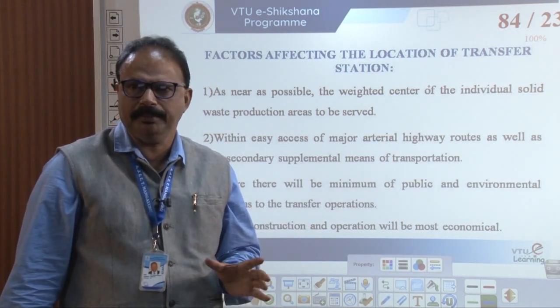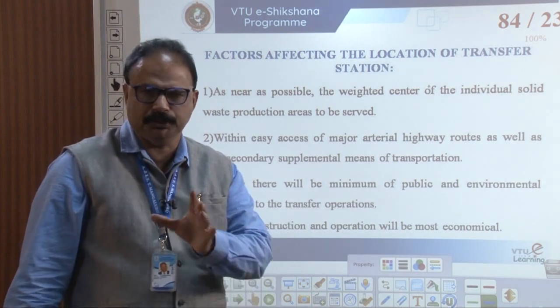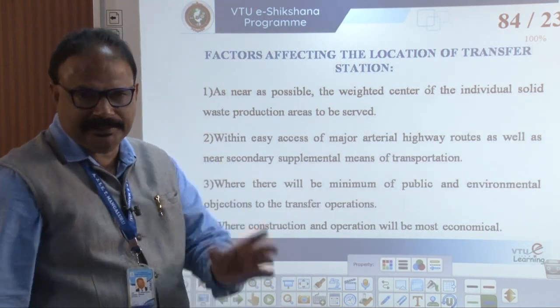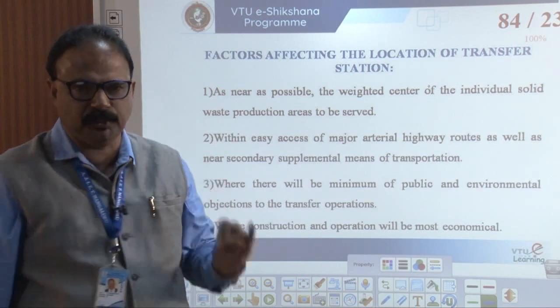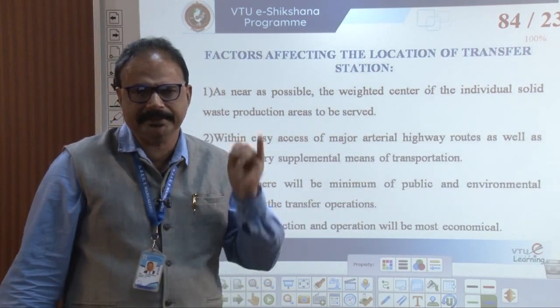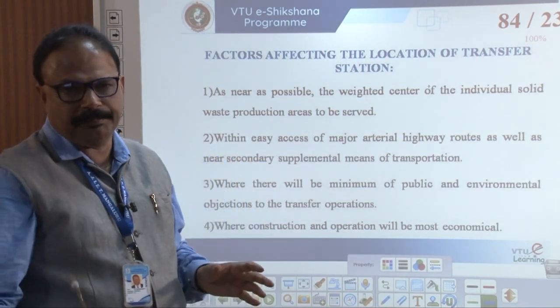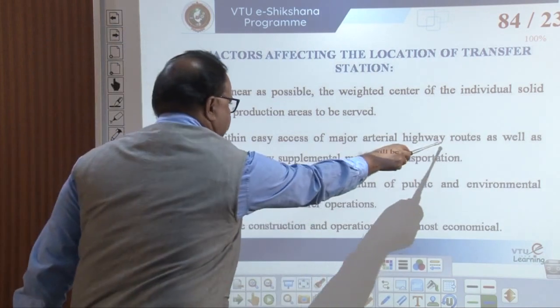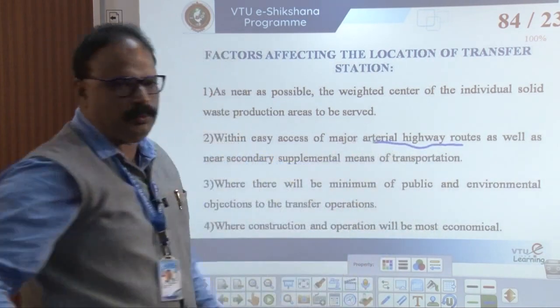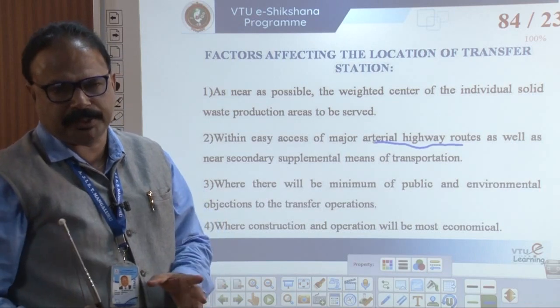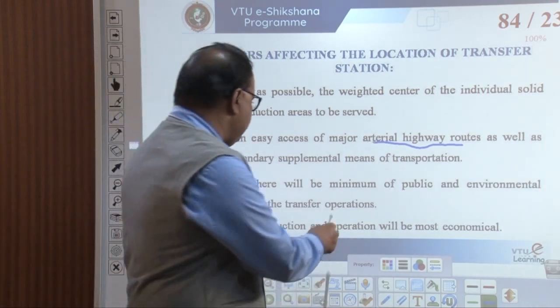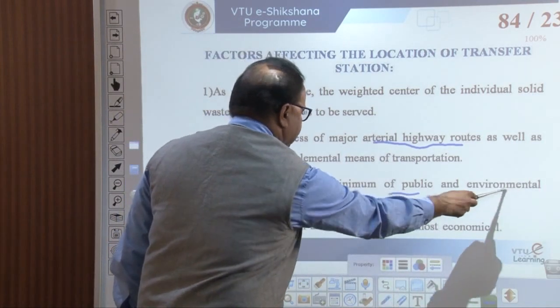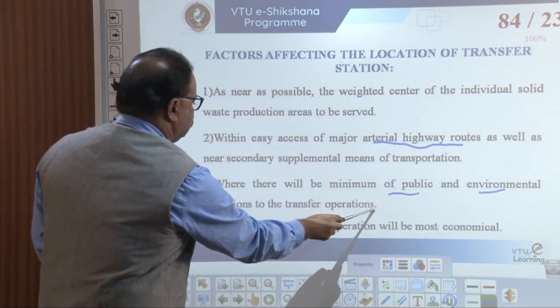It should be as near as possible to the weighted center, within reach of the major highway route, with minimum public and environment objection for the transfer.